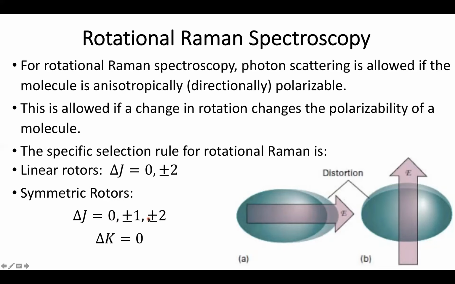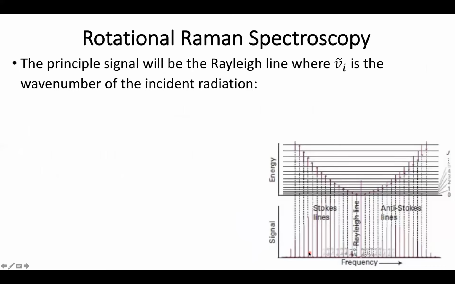So let's go ahead and take a look at a real rotational spectroscopic signal and see what it looks like. The most pronounced peak that we'll probably see is going to be right here in the middle, and that's the Rayleigh line.